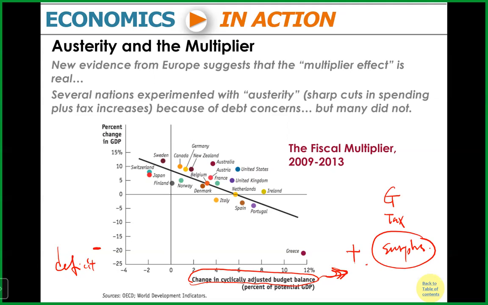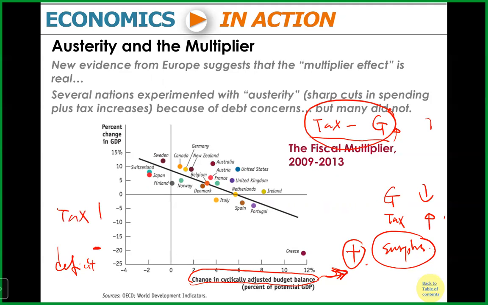The government's budget is income, which is tax, minus G. If they increase G, this number becomes more negative. So in order to make it positive, they must decrease G and increase tax. On the other hand, negative means they are going to decrease tax and increase G.